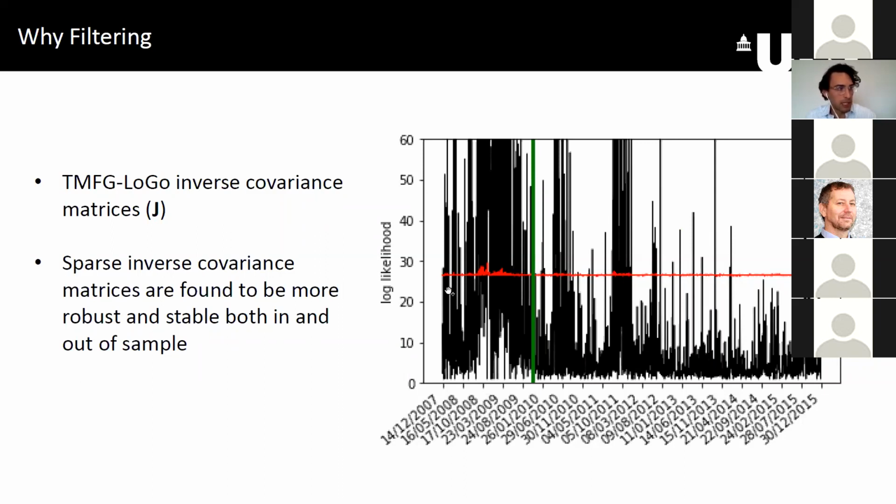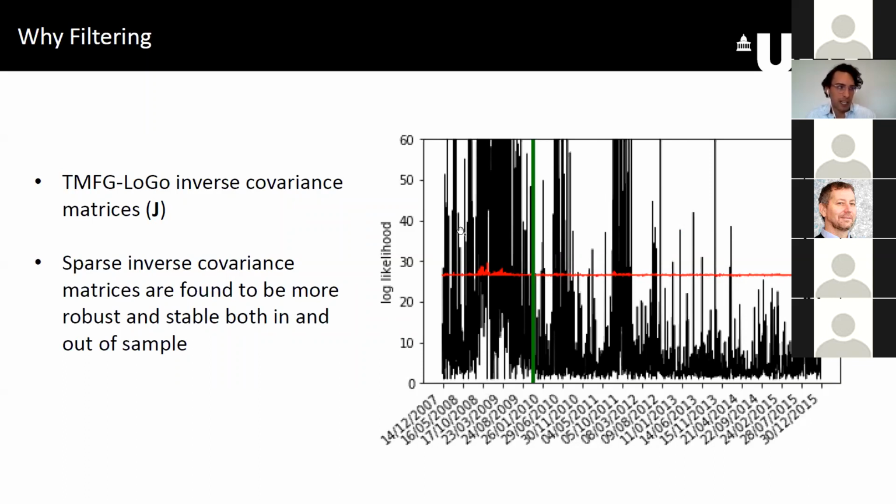And most importantly, you can see here that the likelihood tends to be higher in train. The green vertical bar divides the training set and the test set. In the training set we estimated the parameters, and then we computed the likelihood throughout the whole sample. As you can see, in train, the full covariance matrix likelihood tends to be higher.